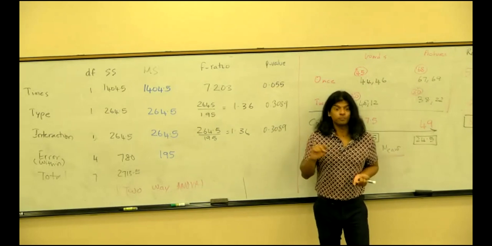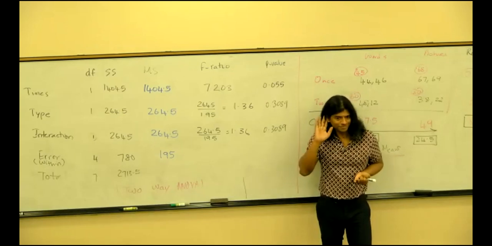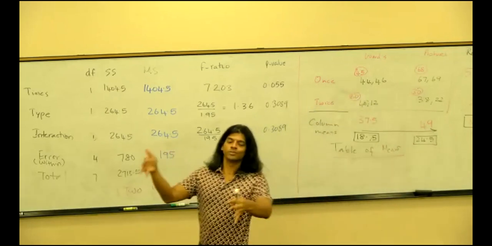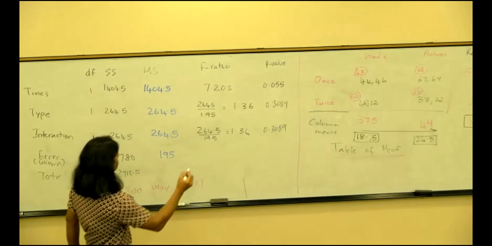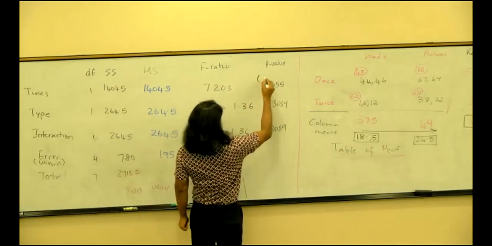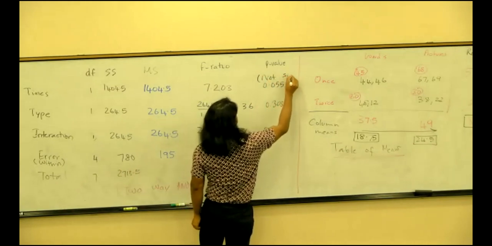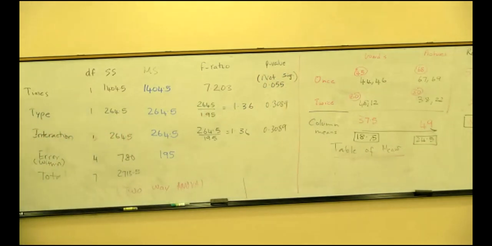There is no effect. You are sticking with the null, you are sticking with nothing, so no effect. So the row factor doesn't seem to have a significant effect.